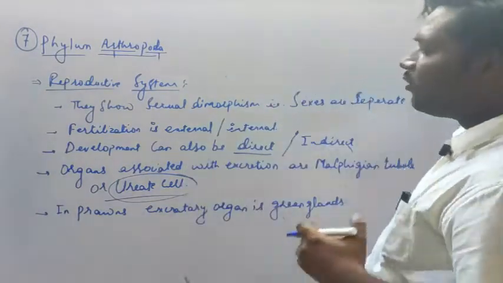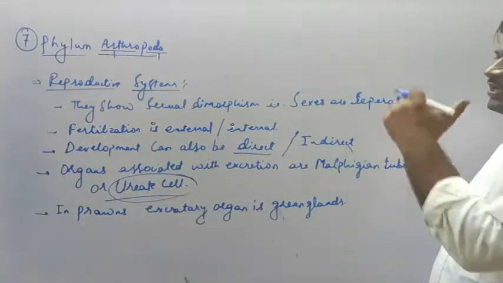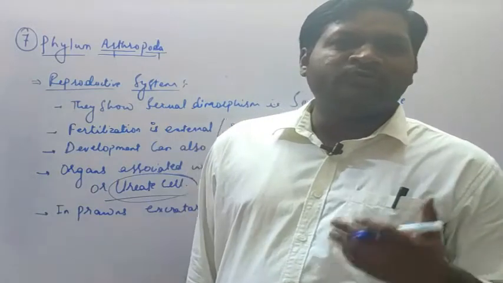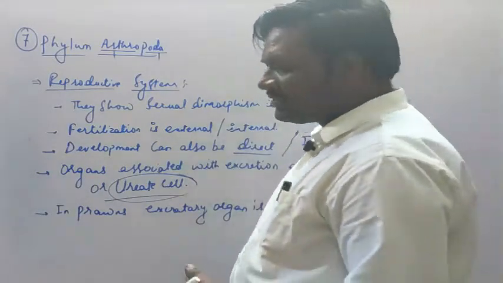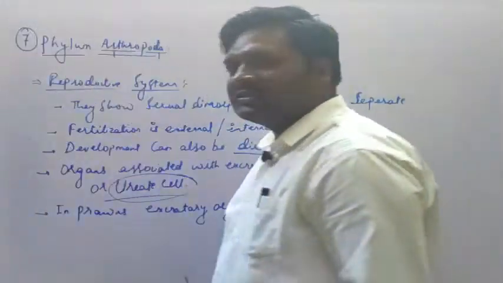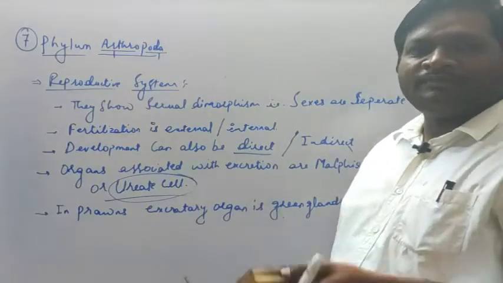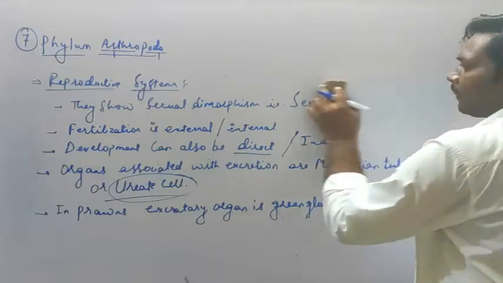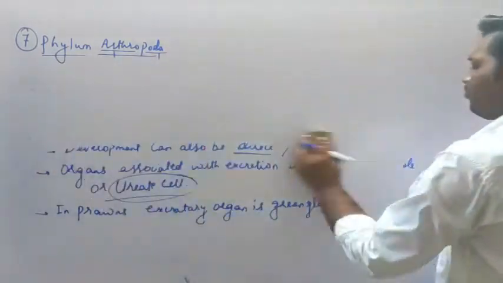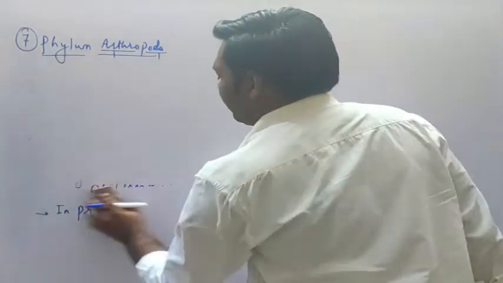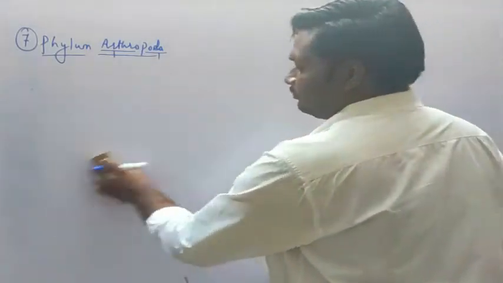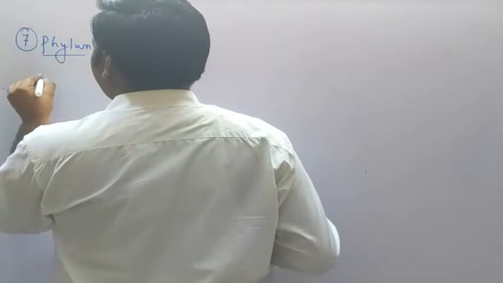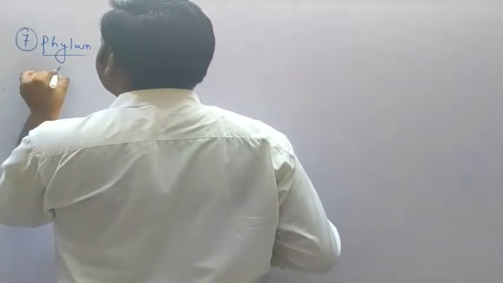Now let's go for the classification of the phylum Arthropoda. So phylum Arthropoda has been classified into 7 major classes. Let's see their names and we'll study one example of each of these classes. So the next heading is the classification.